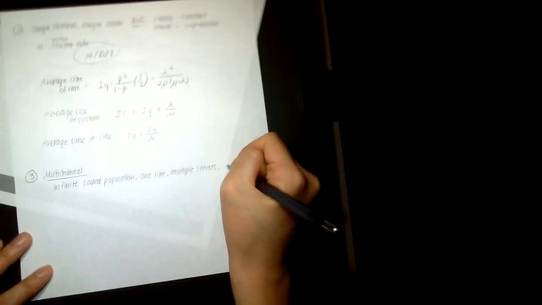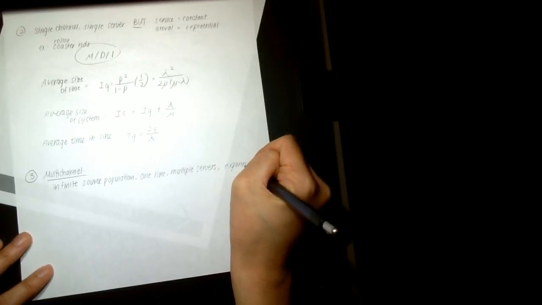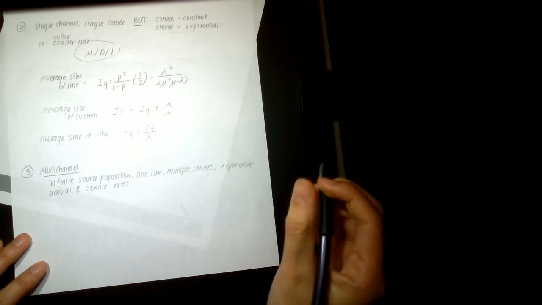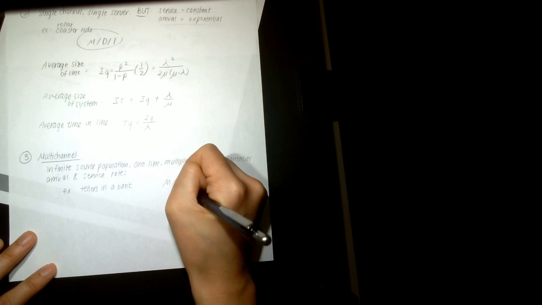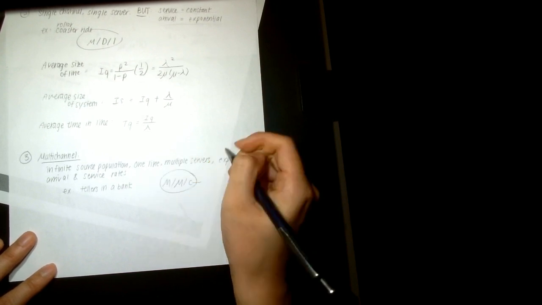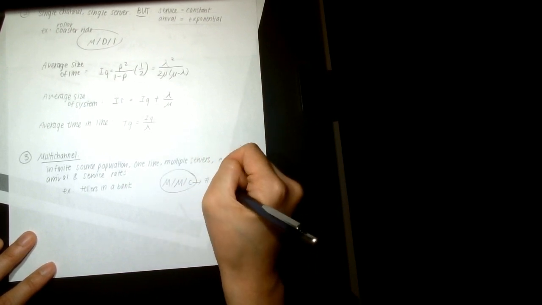And exponential arrival and service rates. So an example of this would be the tellers in a bank. And he calls this the MMC, with C symbolizing the number of servers.